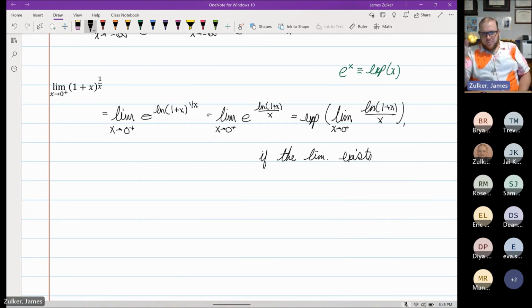Remember that composite function theorem? So provided that the limit exists, it's just e to the limit of the power.